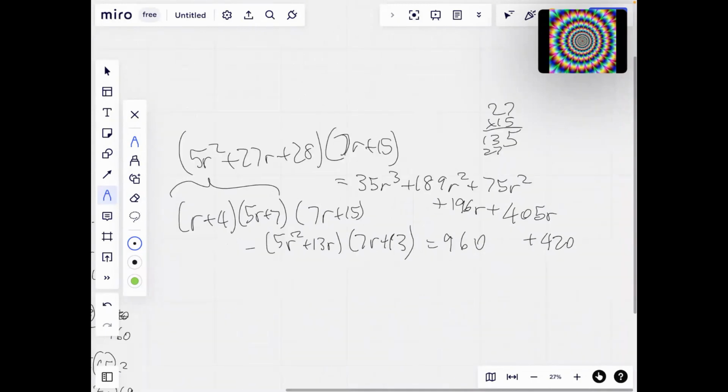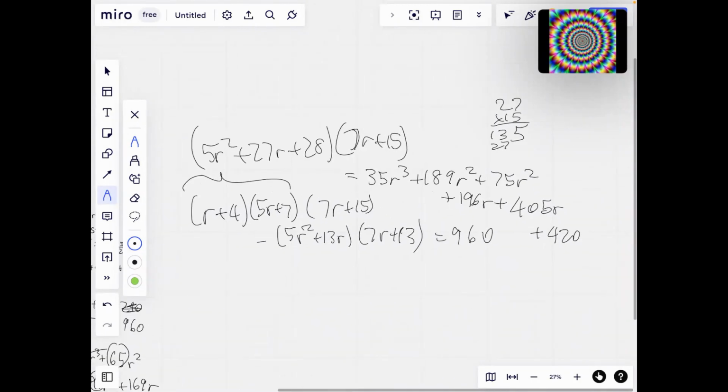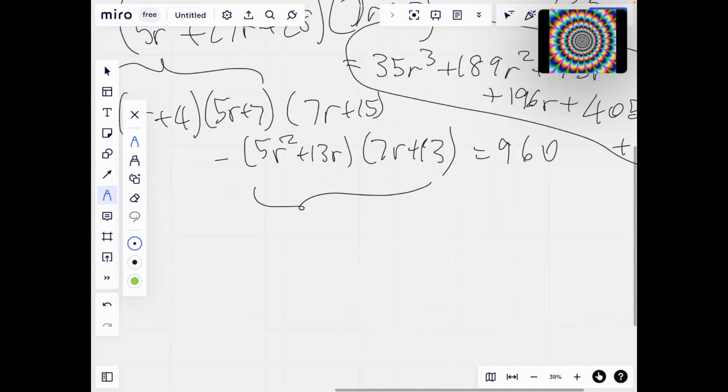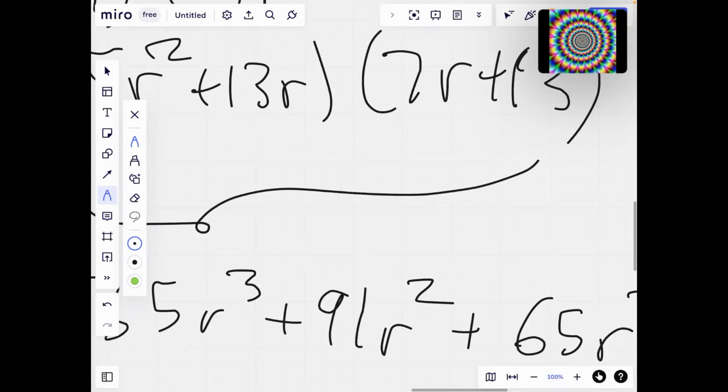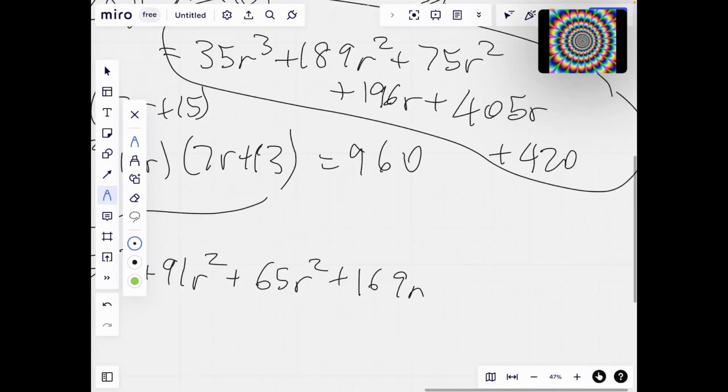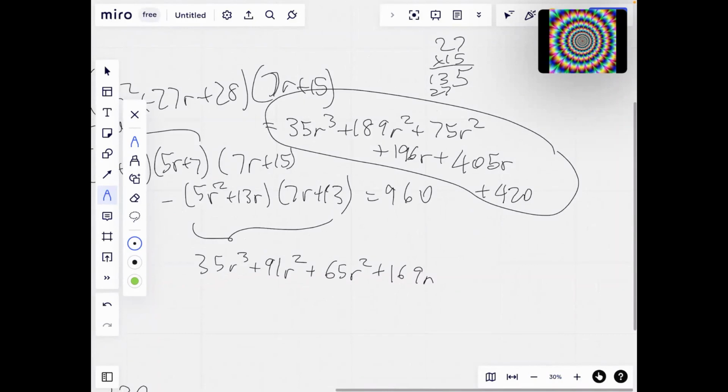So basically, once we have this, we're using this minus this. So this is 35r cubed plus 91r squared plus 65r squared plus 169r. And so when we subtract them, the 189 minus 91 turns into 98r squared. 91 plus 65, so that's 156.